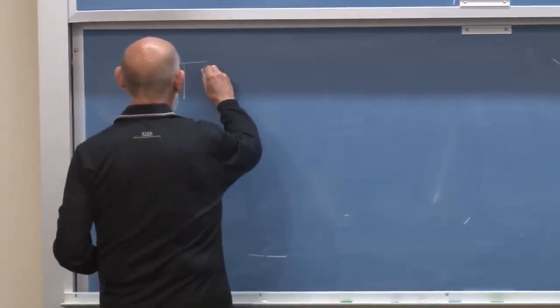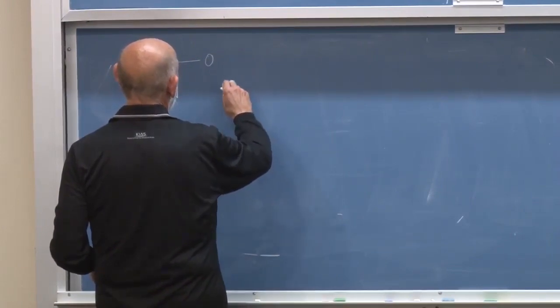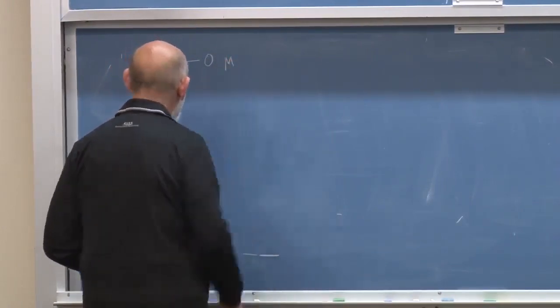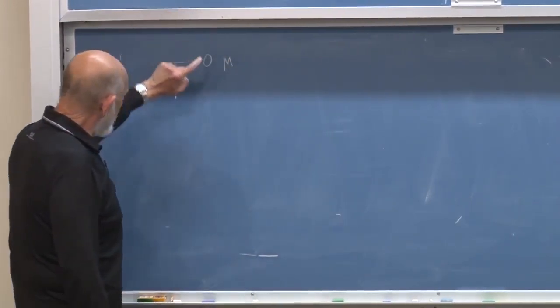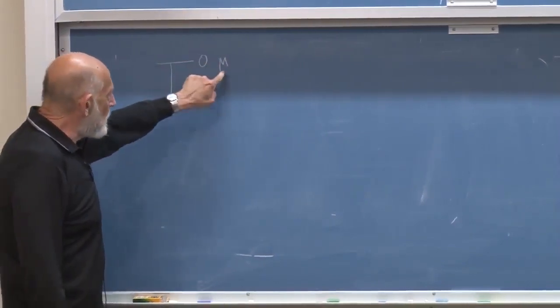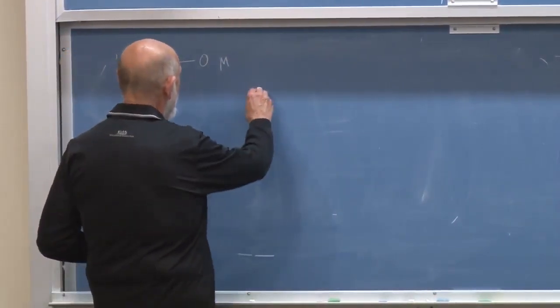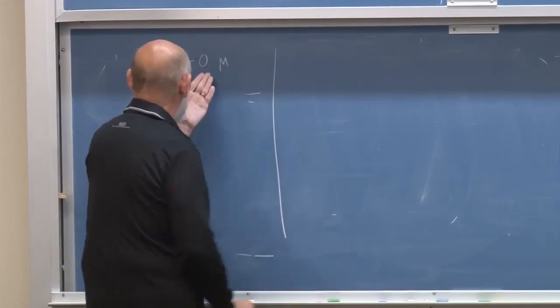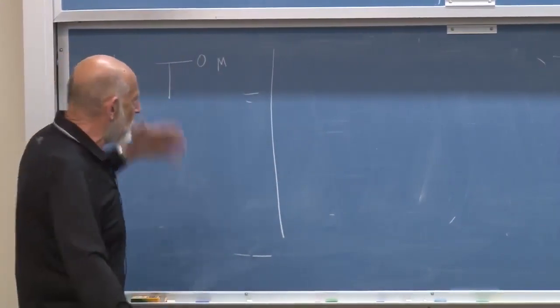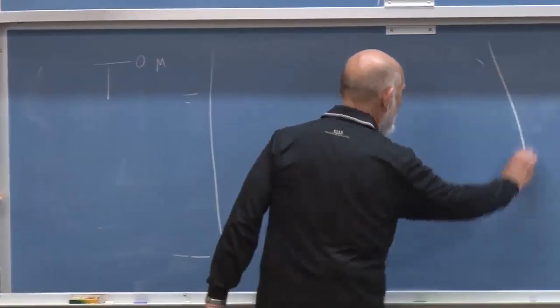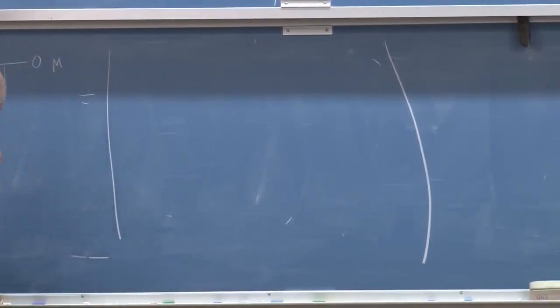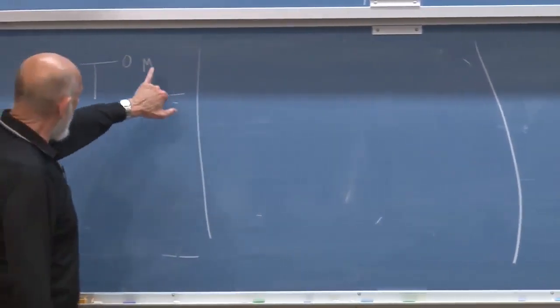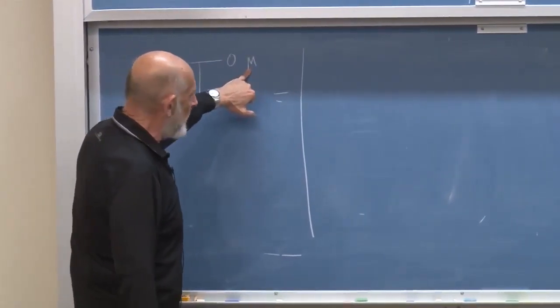Remember, first of all, T naught mu is the density of the mu-th component of momentum. It's got two indices, so it must have something to do with a tensor. As we move along the horizontal axis, we're changing this thing here.